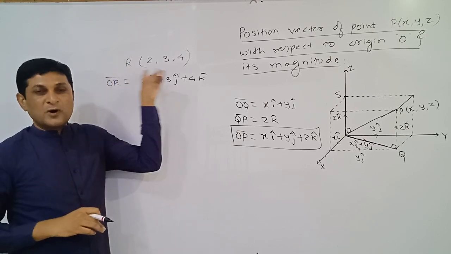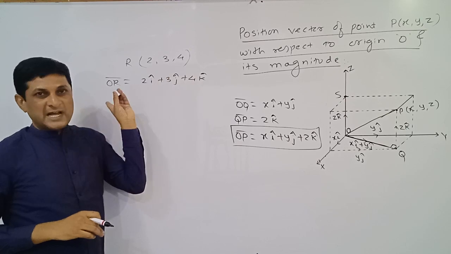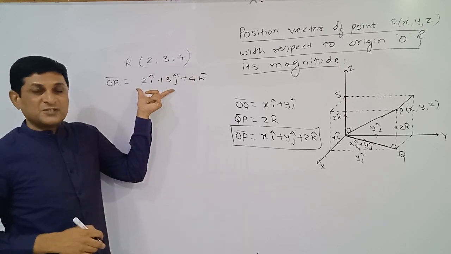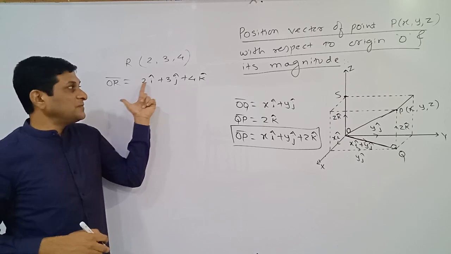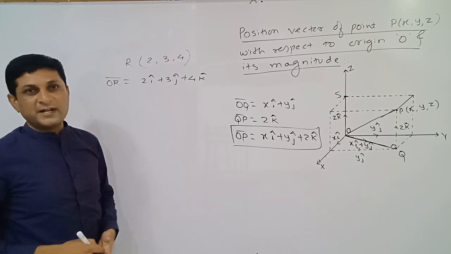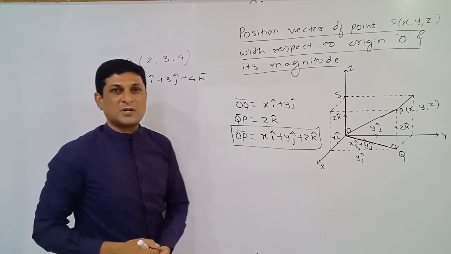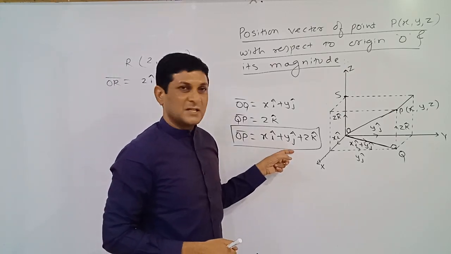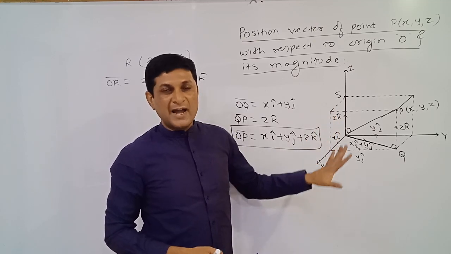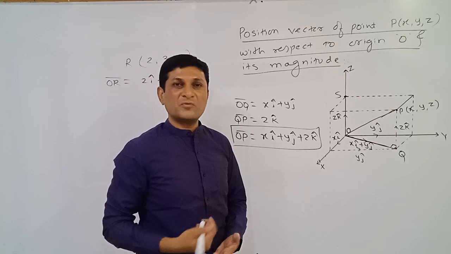Means if the coordinates are given to us, we are able to find the position vector of that point. Or if the position vector is given to us, then the coefficients of i cap, j cap, k cap are nothing but the coordinates of the point. So hope the idea about how to find the position vector is clear. With the help of a parallelepiped, I have tried to explain how to find the position vector.